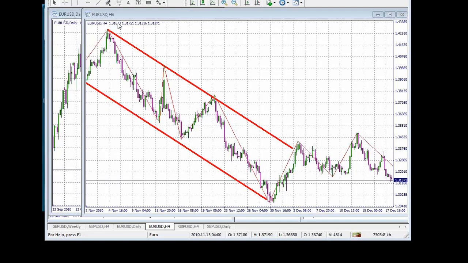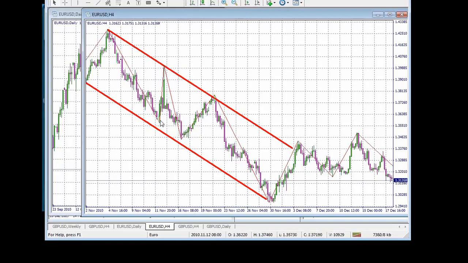So on euro dollar for the 4-hour chart, let's just see how the waves are. I intended to take out the zigzag, because the zigzag is sometimes an indicator that points all the time to the highs and lows that are made in the market.